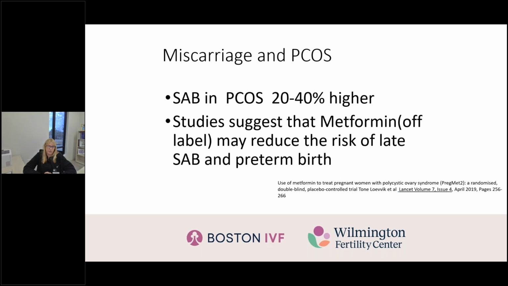The p-value was 0.08. But I think there's going to be increasing data on the use of metformin to lower the risks of miscarriage and preterm birth. Again, one of the theories is the reduction in insulin resistance and progesterone resistance, but there are other theories on why metformin might reduce the risk of preterm birth.